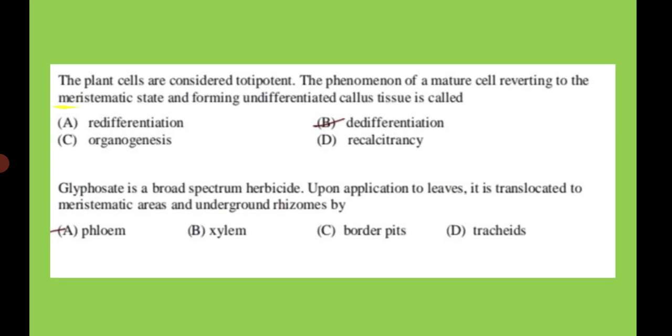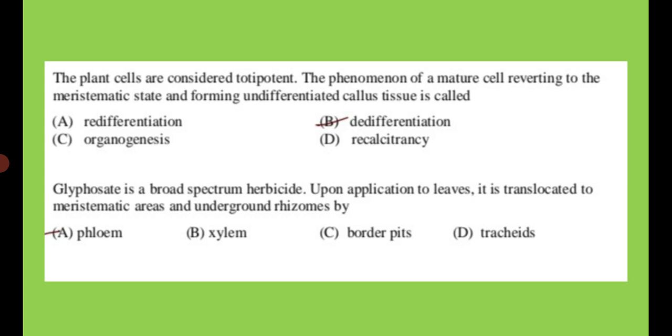The next question, glyphosate is a broad spectrum herbicide. Upon application to leaves, it is translocated to meristematic areas and underground rhizomes. Glyphosate, that is Roundup, is a broad spectrum herbicide. It is absorbed through foliage and through roots and transported to the growing plant.